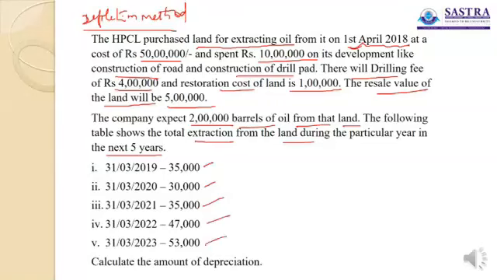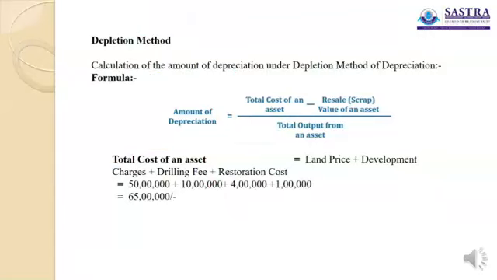See here, how is it calculated? Calculation of the amount of depreciation under the depletion method. It is calculated using a formula: amount of depreciation is equal to total cost of an asset minus the resale or scrap value, divided by total output from the asset.